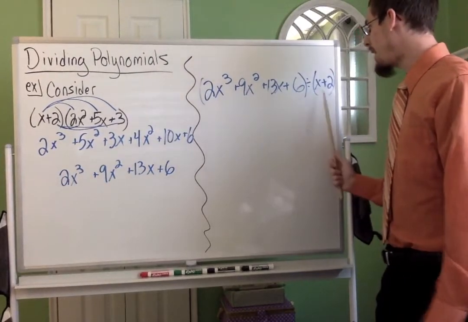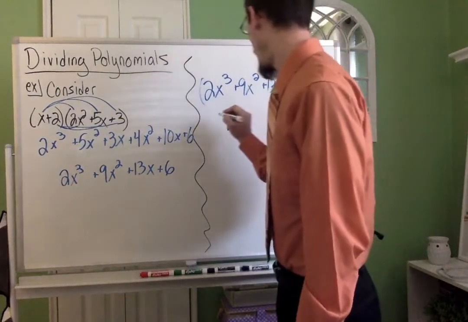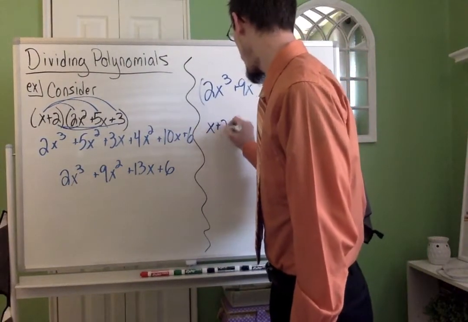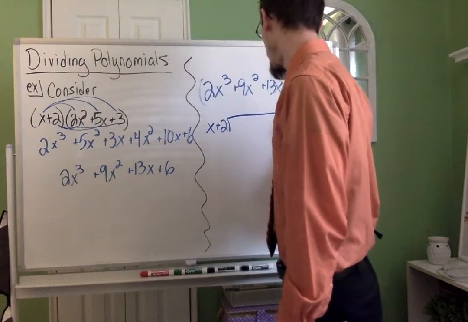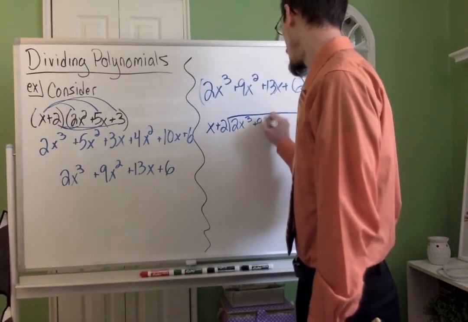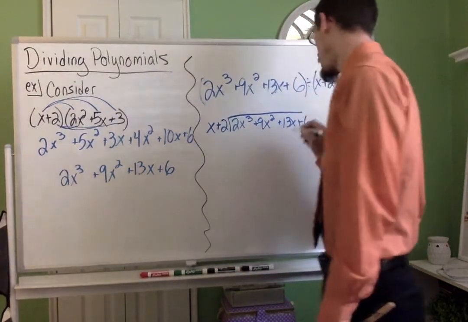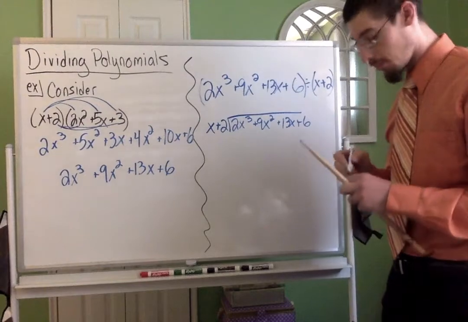So since I'm dividing these two, the way I'd have to structure it, I'll have to put x plus 2 on the outside and 2x to the third, 9x squared, 13x plus 6.